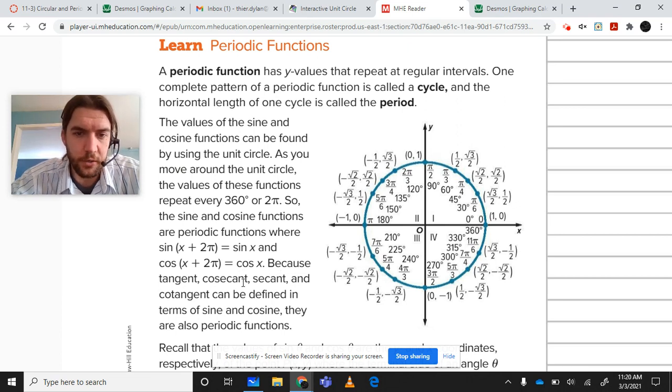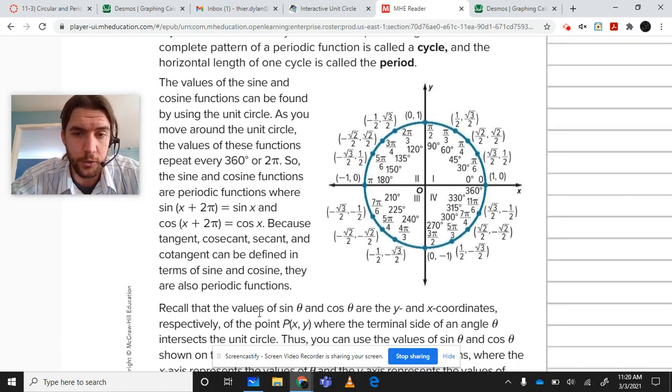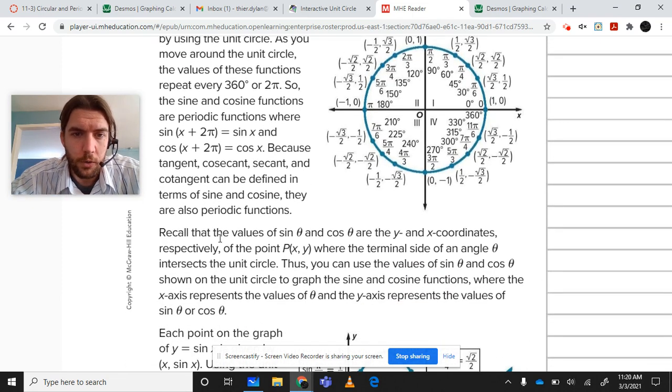Because tangent, cosecant, secant, and cotangent can be defined in terms of sine and cosine, they're also going to be periodic functions. Recall that the values of sine of theta and cosine of theta are the y and x coordinates, respectively, of the point P(x, y), where the terminal side of an angle theta intersects the unit circle.